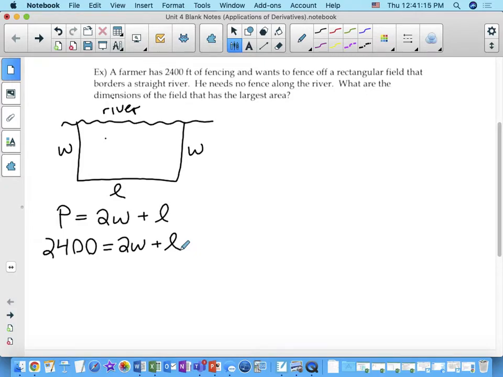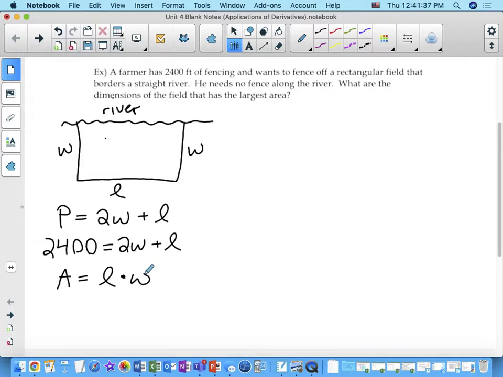Okay. Now what we want to maximize here is the area. And area is length times width. Now, we can't think about maximizing this yet because we have 1, 2, 3 variables, and that's too many.